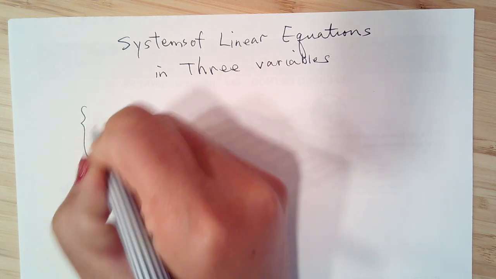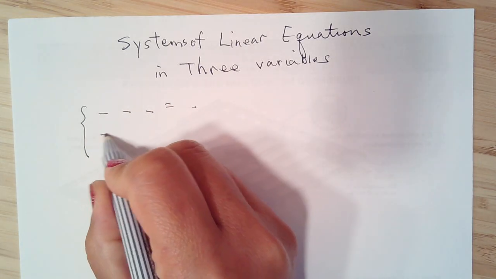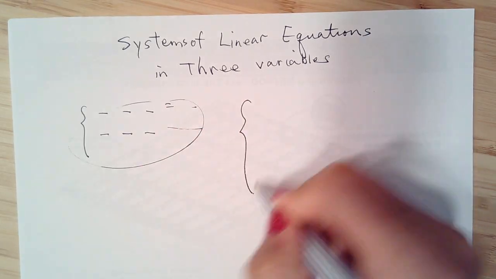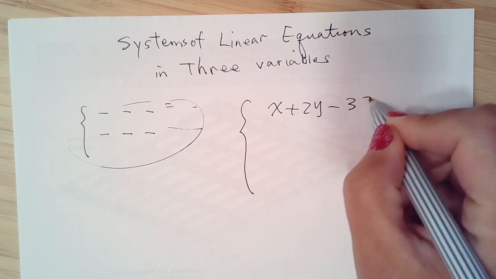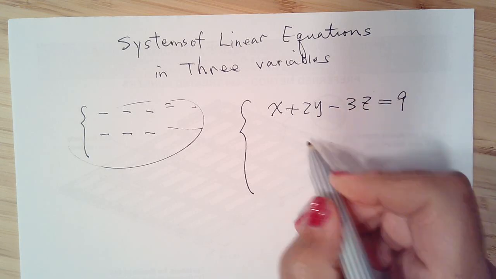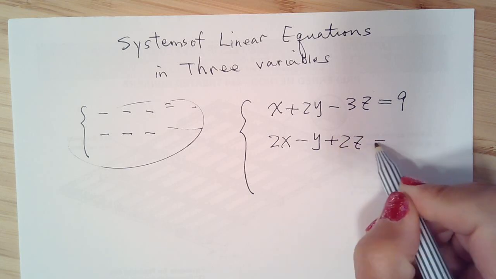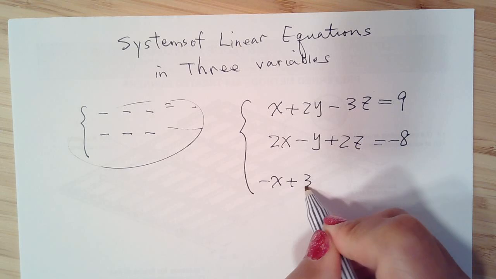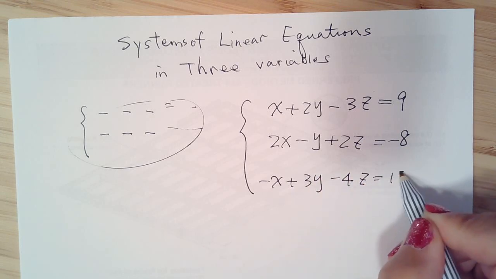That looks like some x, some y, some z equals a number, and some x, some y, some z equals a number, things like that. So let me give you just a look. x plus 2y minus 3z equals 9, and 2x minus y plus 2z equals negative 8, and then negative x plus 3y minus 4z is 15.